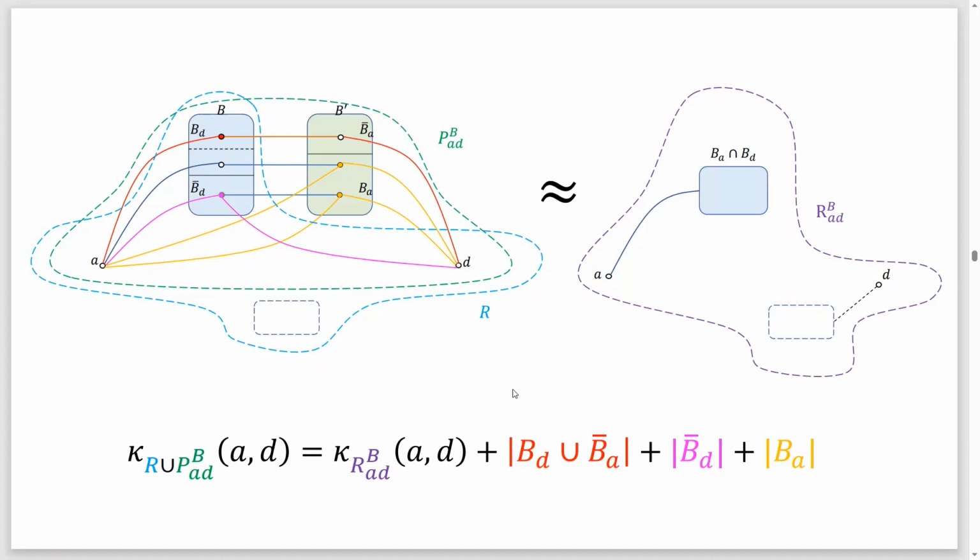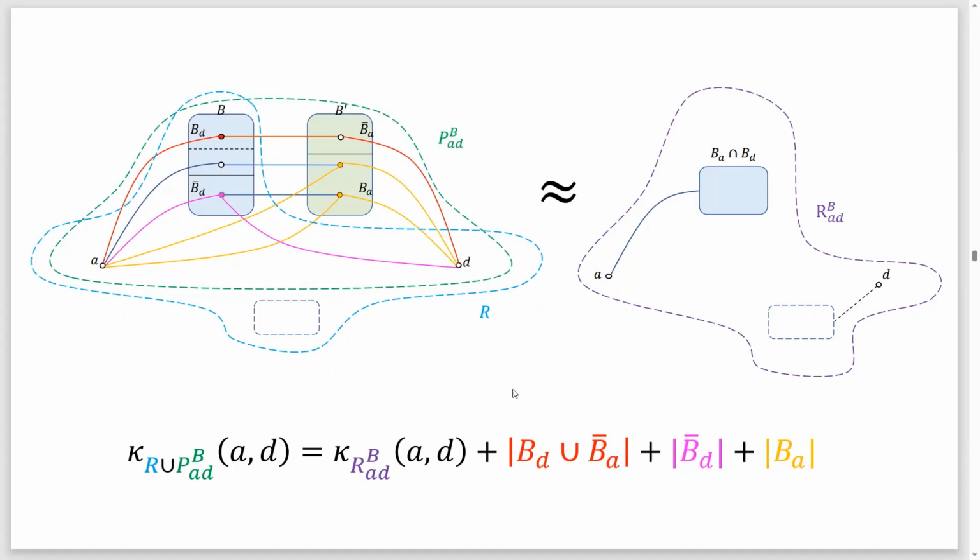So we can capture the connectivity in RBAD, which is the model we dream about, by the connectivity in PBAD and R, where B is a common set for all A and D, and we can simulate or filter the set BA cap BD out, so it becomes RBAD. This is the idea in our set intersection filter.